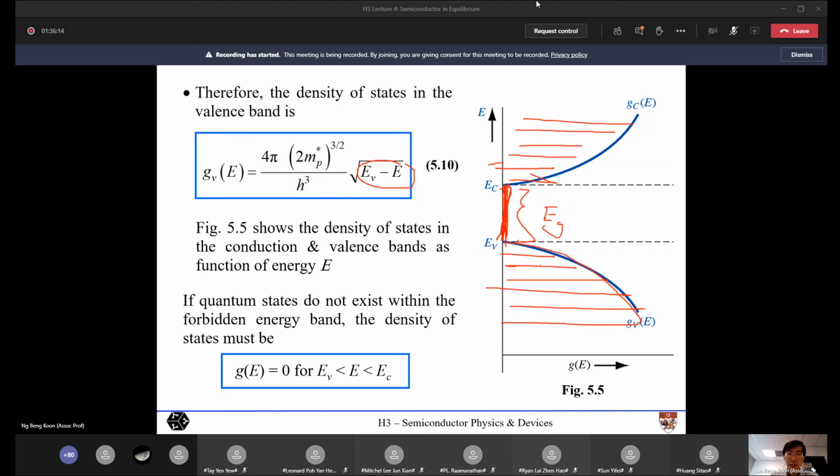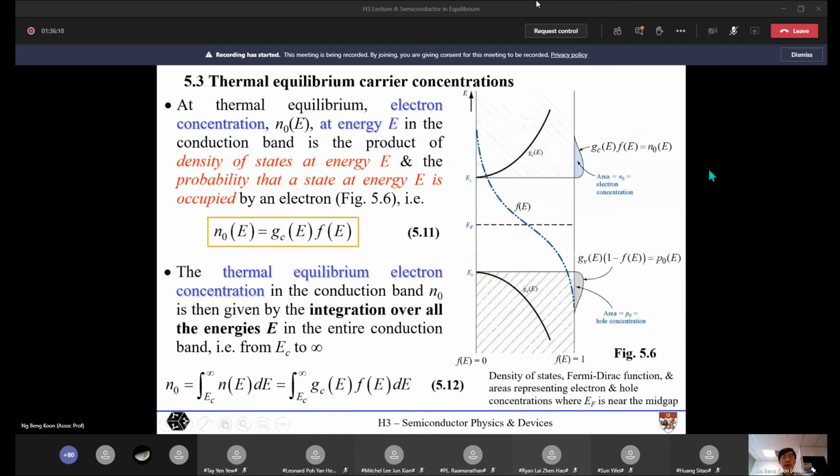Now, with this information, we can go on to calculate the concentration of your electrons and holes. And we do that by multiplying the density of states with the probability of finding electrons at those respective energy states.